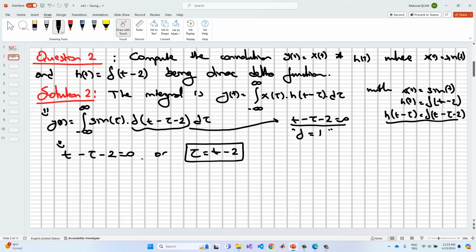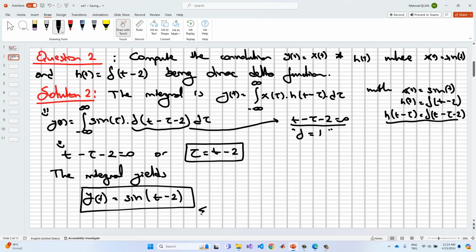So this integral yields y(t) equals sin(t minus 2), with tau equal to t minus 2. This is the solution of the Dirac delta function applied on any function. We don't need to compute the total integral, just compute the tau value in this case. This is important.